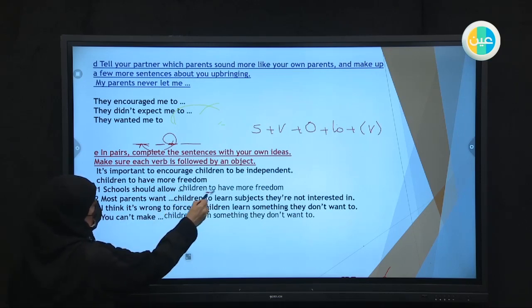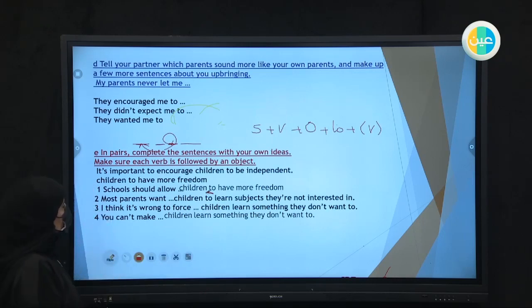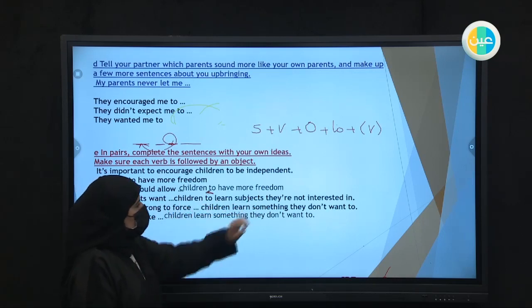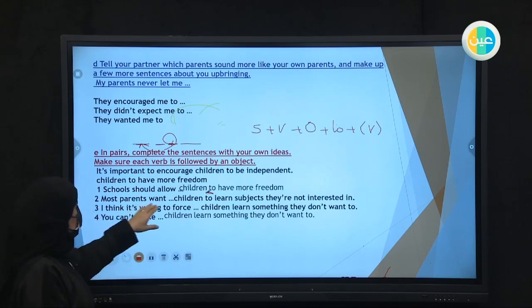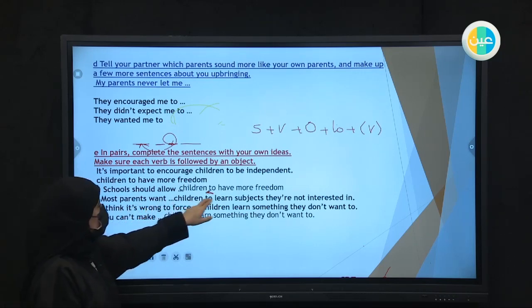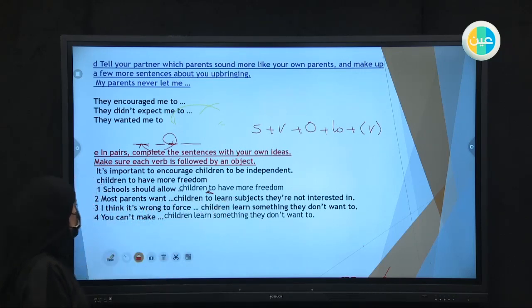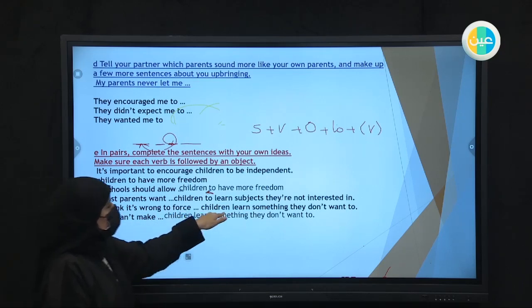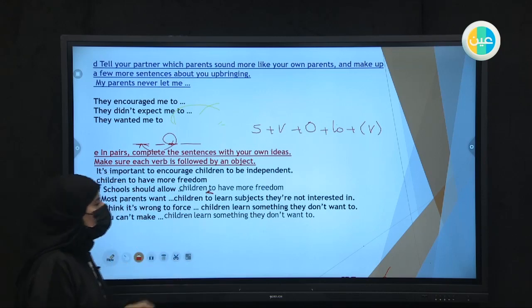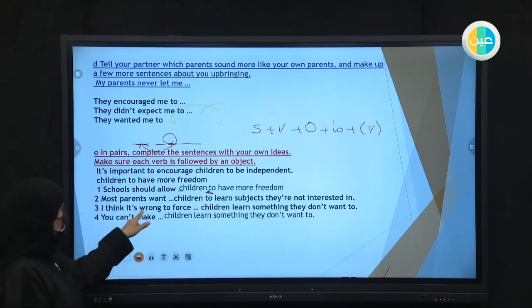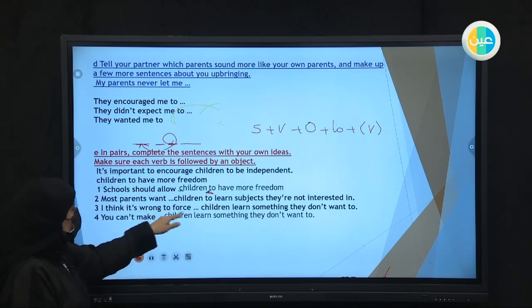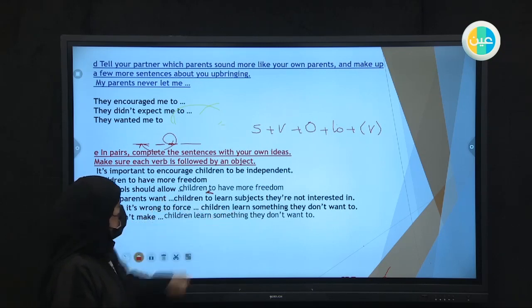استخدمنا to. Most parents want children to learn subjects they are not interested in. So most parents want children to learn subjects, or you can write your own. I think it's wrong to force children to learn something they don't want to. So I think it's wrong to force. عندك force, learn.